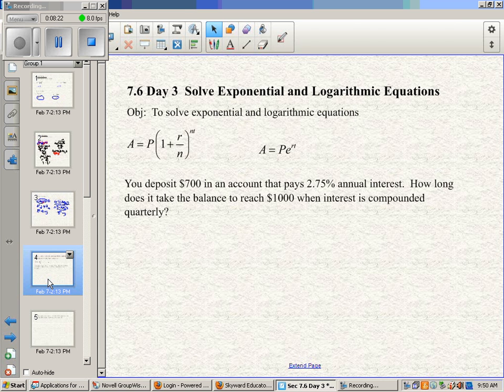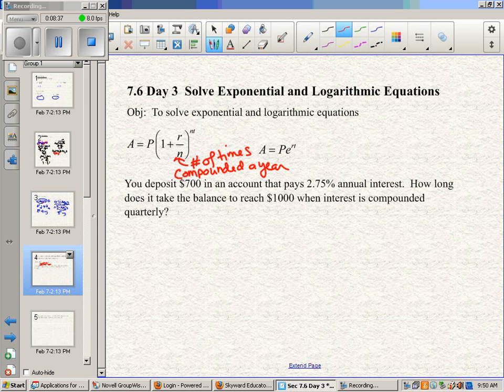A equals P times 1 plus r over n to the nt. n is the number of times compounded a year. And when we had Pe to the rt, that was compounding continuously. So when it said we're compounded this many times, we use the first one. Continuously, we use the second one.